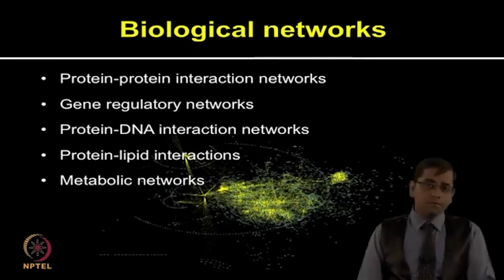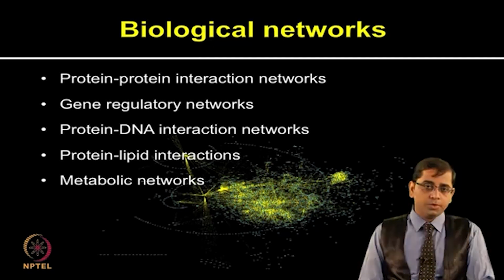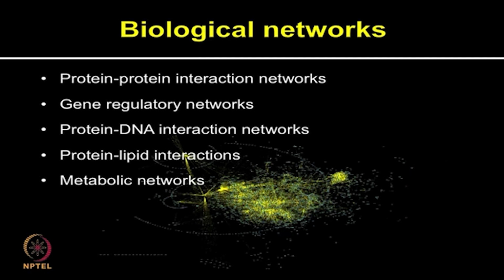There are different types of biological networks such as protein-protein interaction networks, gene regulatory networks, protein DNA interaction networks, protein lipid, protein other biomolecule networks and metabolic networks.